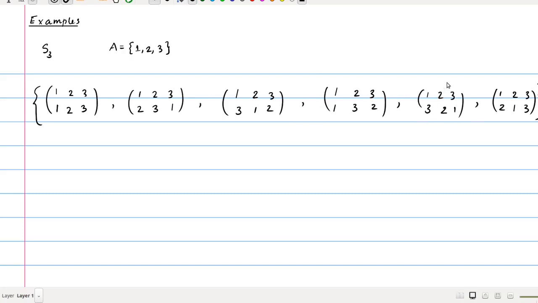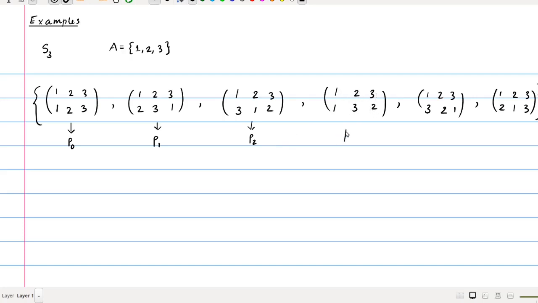There is a convention to name these elements of S3. The first function is named rho naught, the second element is rho 1, and this is the element rho 2. The fourth one is where 1 goes to 1 and 3 and 2 are interchanged.